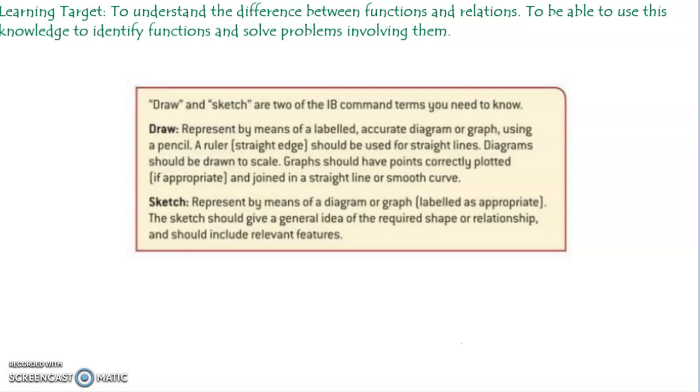Okay, they should have the points correctly plotted and joined. And then a sketch is a little more lenient. It's meant to be more of a representation of a diagram or graph with labeling of key values. And it should really just give the general idea or the general shape or relationship.